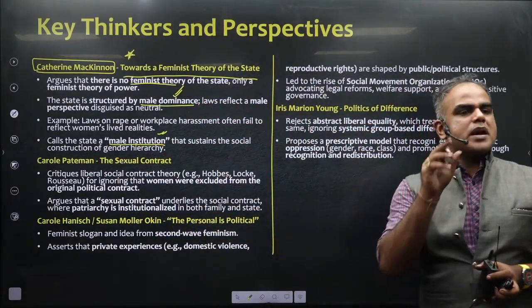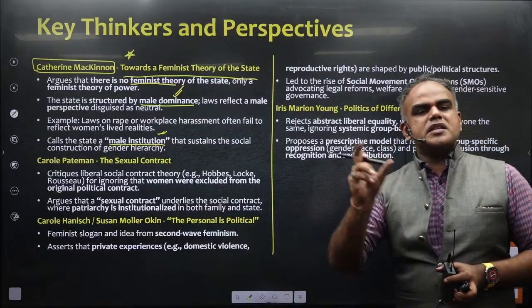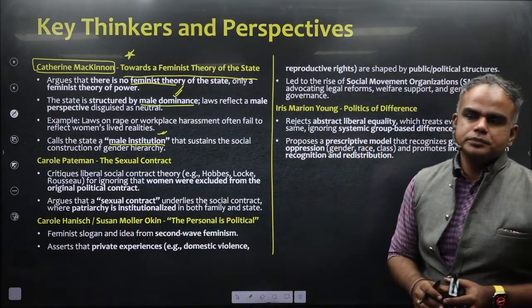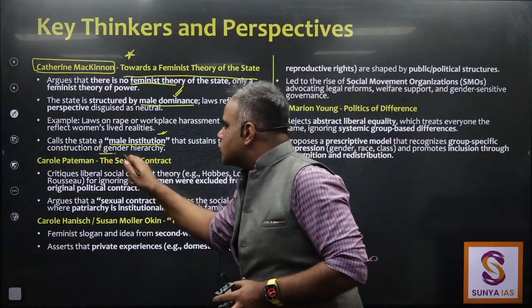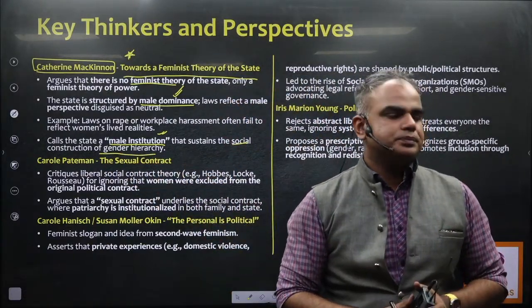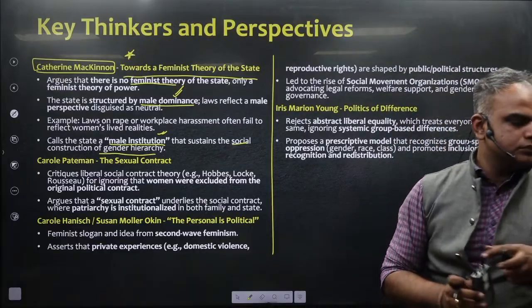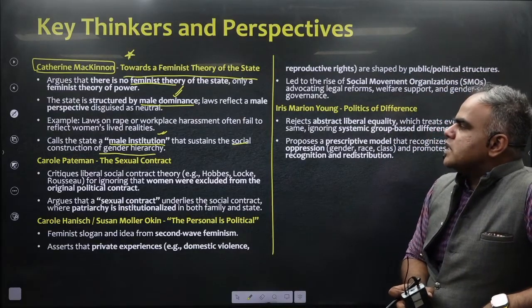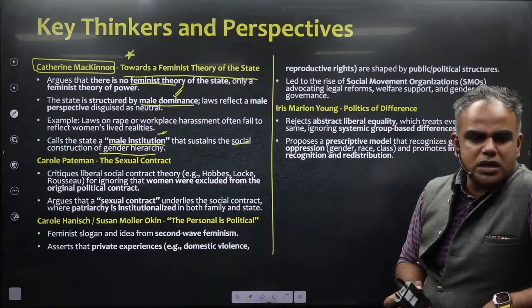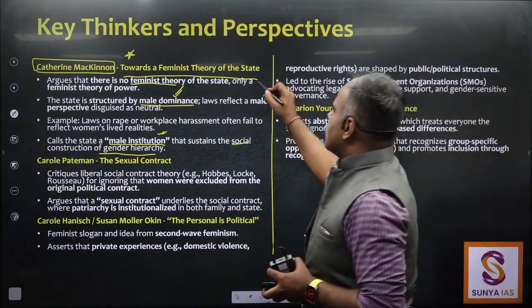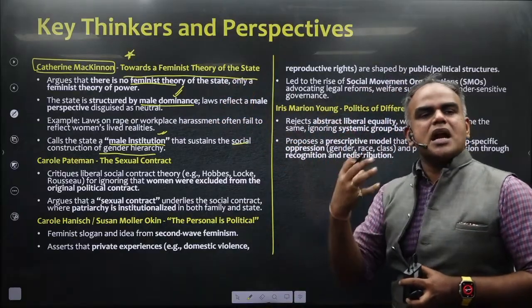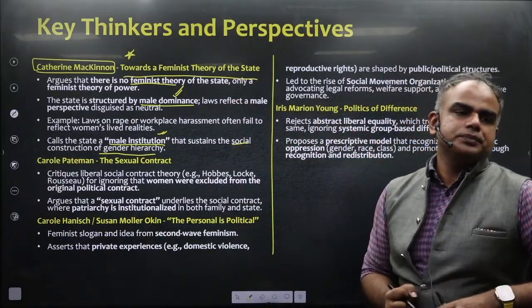This way, if you remember, when I look at the state, it appears male to me, which sustains the social construction of gender hierarchy. So this is again a prominent work that we need to know. Not all four points, but if you know one or two points here, they are enough to understand what the core argument is.